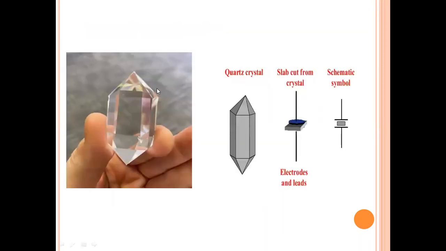Okay, so here this is the crystal. Normally the shape of the crystal is hexagonal. So when we are placing this crystal into the circuit, we should cut the crystal by the use of two methods, that may be X-cut or Y-cut. Let us consider this is the x-axis and this is the y-axis.